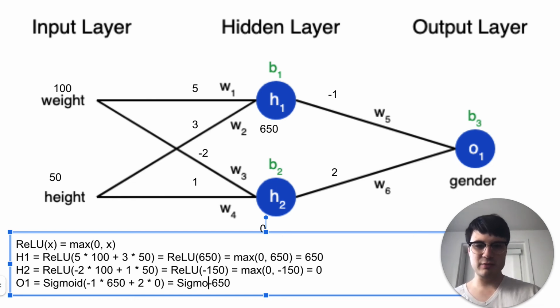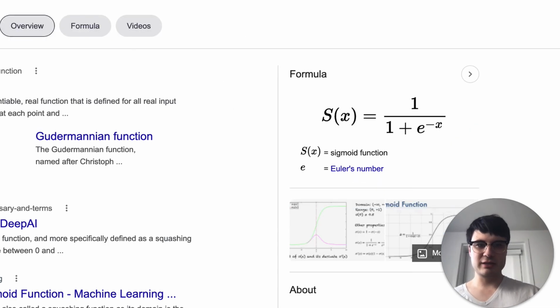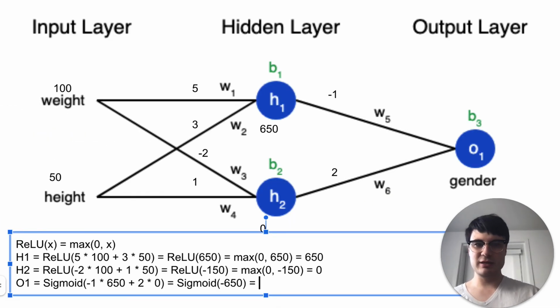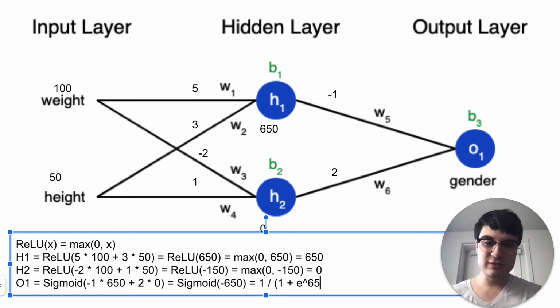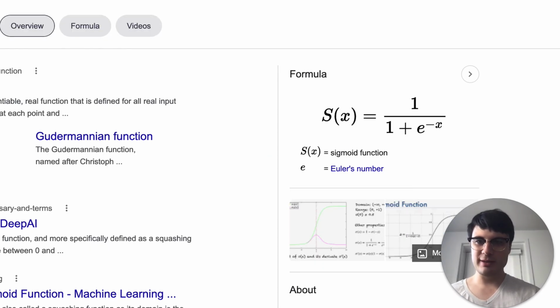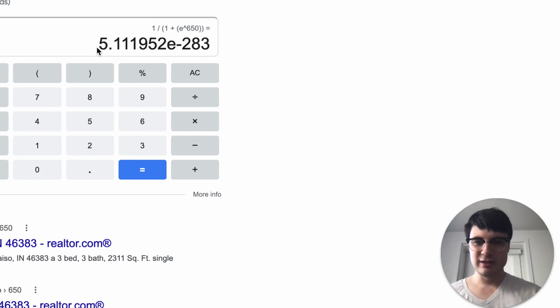So sigmoid of -650, going back to this equation, is 1 over 1 plus e to the 650, because negative of negative 650 is positive 650. I'm going to type this equation into Google to get the output, and that gives us this very tiny number.